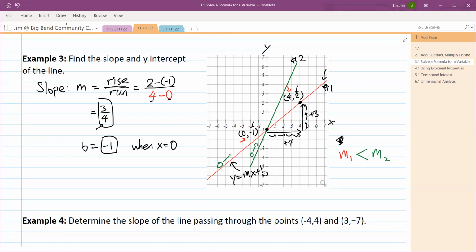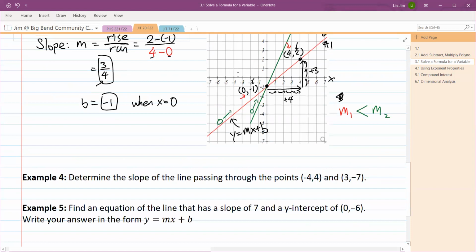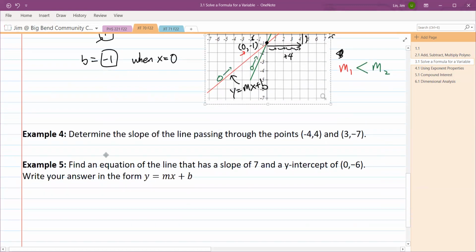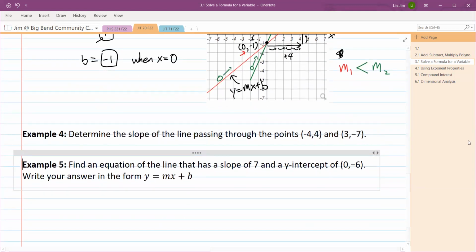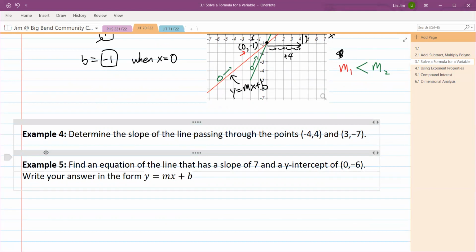All right, now we have another example. Example 4, determine the slope of the line passing through the points. I have an idea for this question, so let me show you.